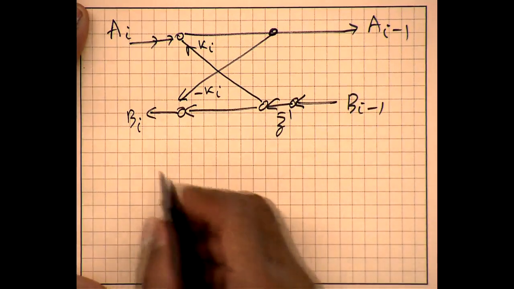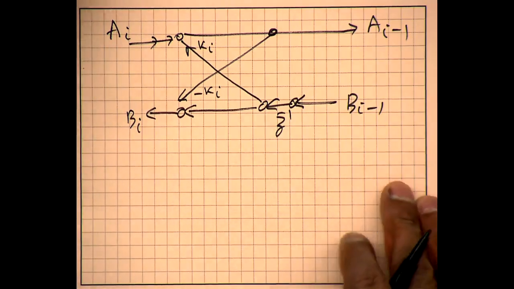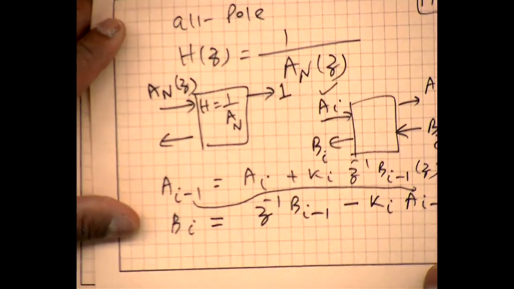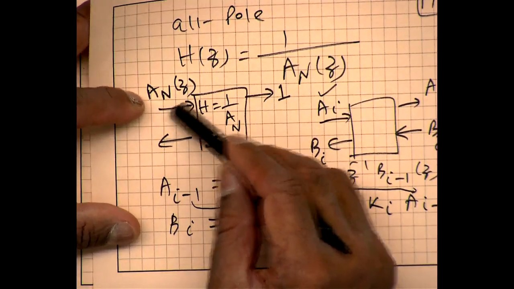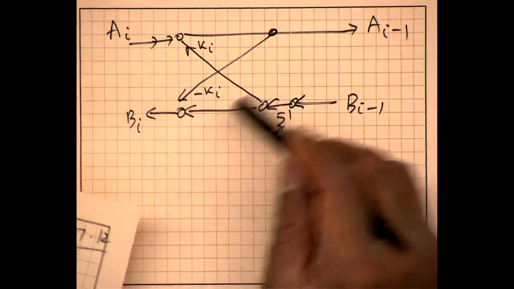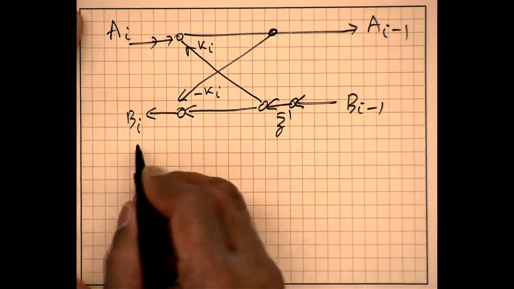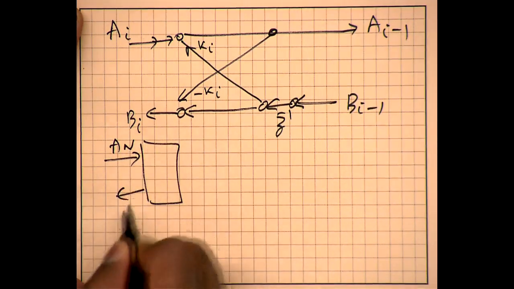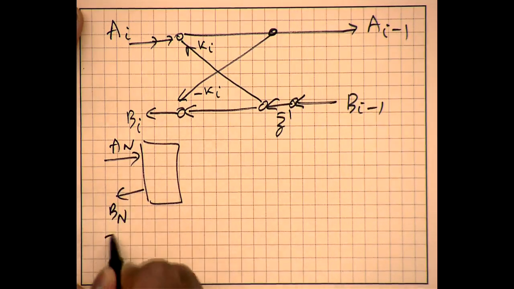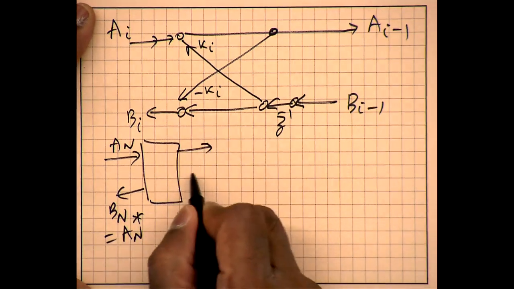The way this would work, as I had initially mentioned, is we start with An, and the process of getting the k coefficients is all the same. We have An, and this is Bn, which is nothing but the reverse polynomial An star.